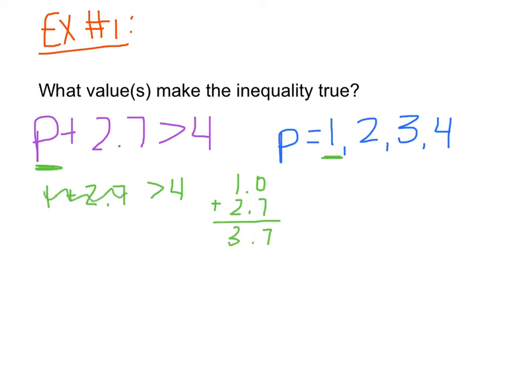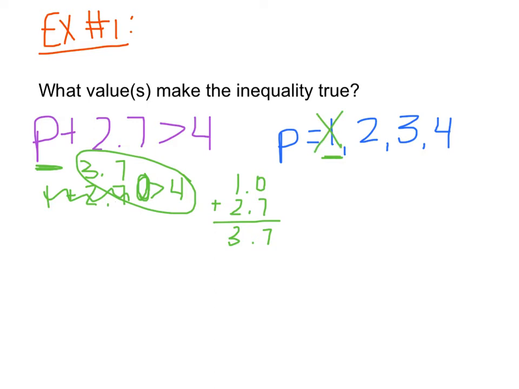So that would give me 3 7/10. Now we have to say to ourselves, is that true? 3 7/10 is greater than 4. Remember that the greater side is the bigger side. And no, that's not true. So 1 cannot be an answer.